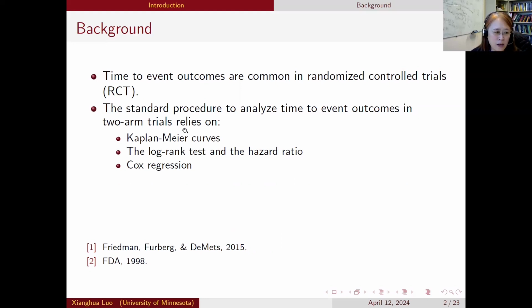For a brief, the standard procedure to analyze time-to-event outcomes in RCTs typically relies on Kaplan-Meier curve estimation first, and then people provide a log-rank test as an unadjusted analysis, maybe together with the hazard ratio estimate as a treatment effect estimate based on the Cox model.